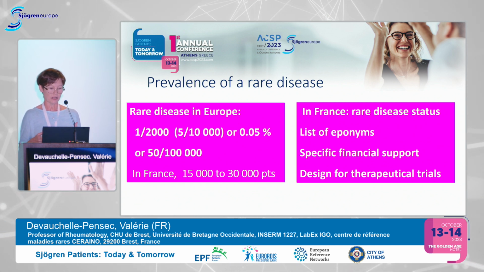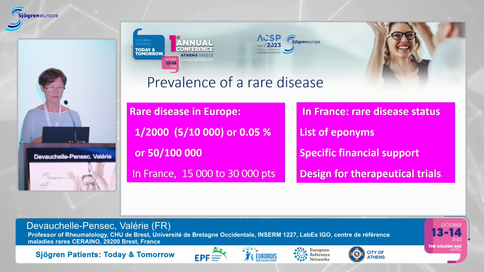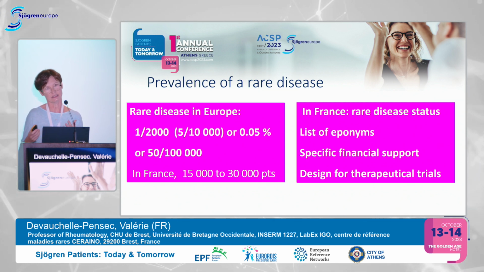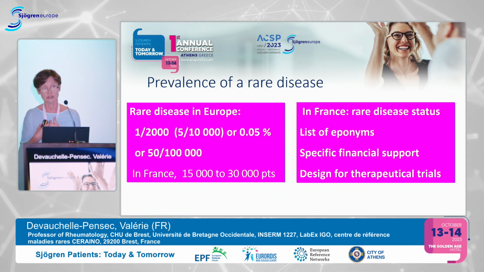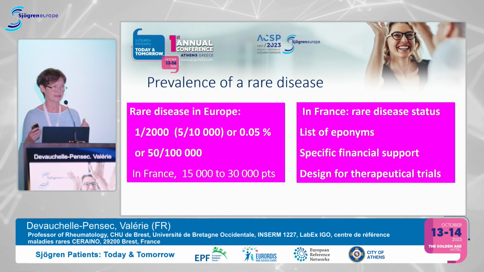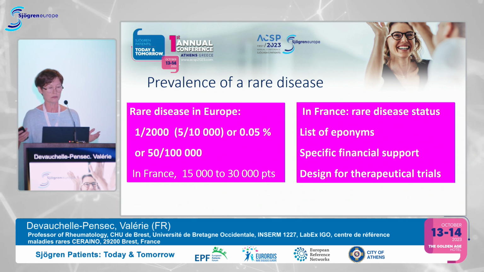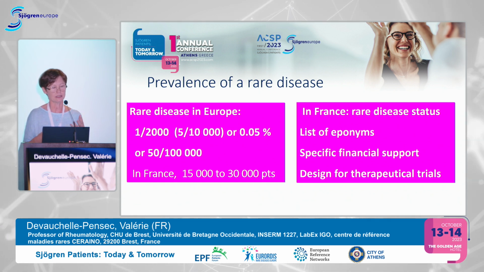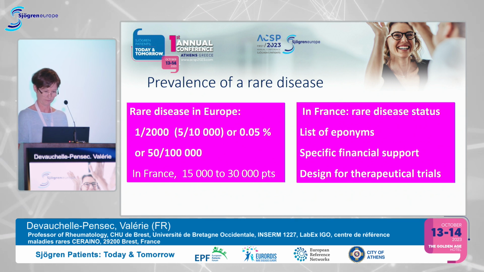In France, when you are a rare disease, it's quite different because you can have specific financial support for research, for example, and for the doctor, it means you are going to do a design for a trial that is a little bit different than having many people. You have to think about the design of the study to be sure you are going to include patients in your study.